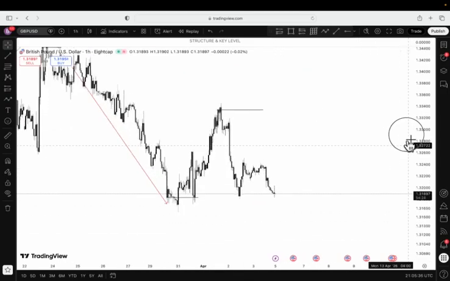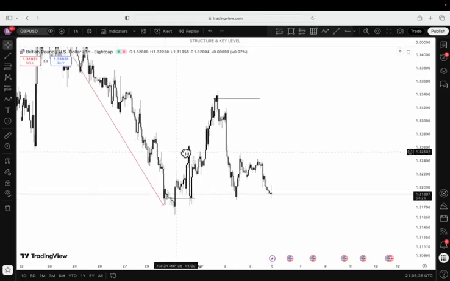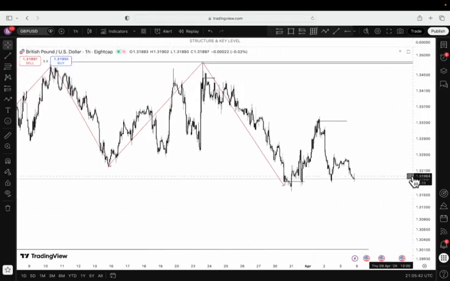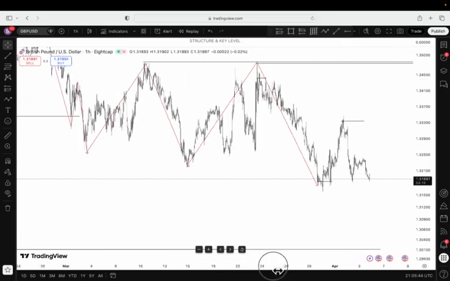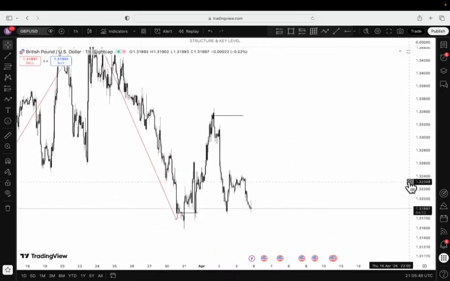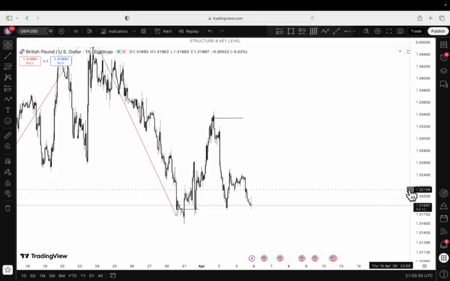So yep, this is on GU. If any other thing comes up, it's just that I cannot monitor a lot of pairs for you guys because it's going to be physically draining to me. That will be a lot of fatigue. I'm already monitoring BTC, CAD JPY, and gold for all of you, and I update the group about all the setups there.